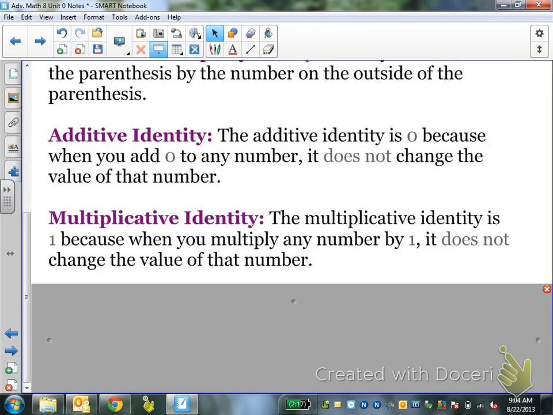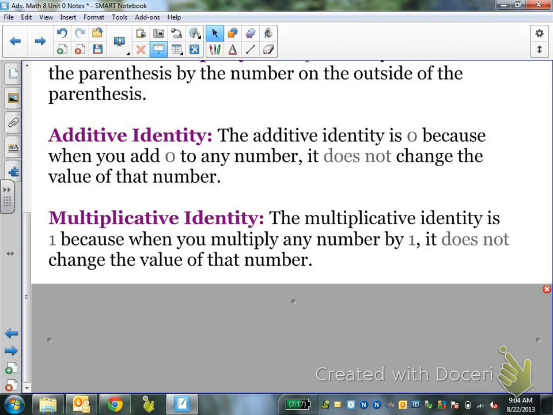Okay, we're also going to look at the identity properties. We have two types of identity properties. The first one is additive identity. So what do you think it has to do with? Addition. The additive identity is 0 because when you add 0 to any number, it does not change the value of that number.